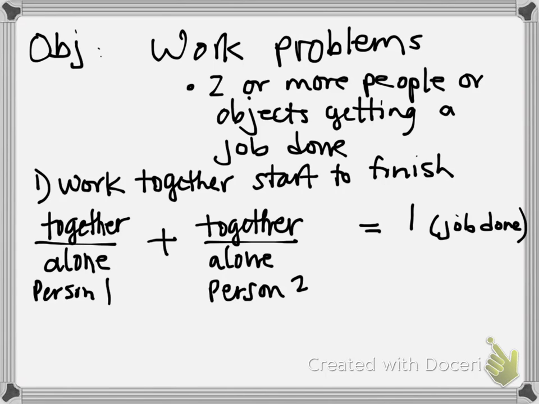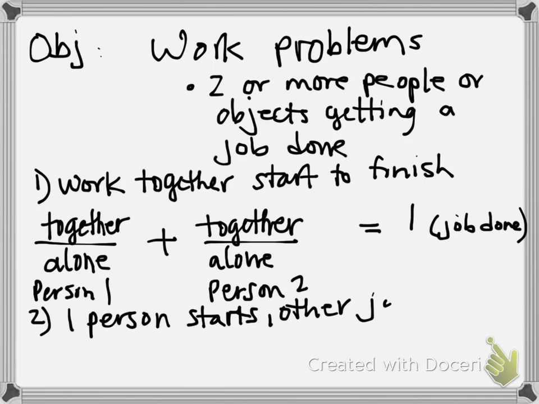Now we could change this slightly if one person starts and the other joins later. The only difference in the fractions that we create is that if one person comes later, then they're not doing their alone time.